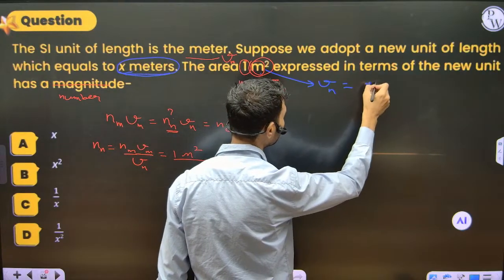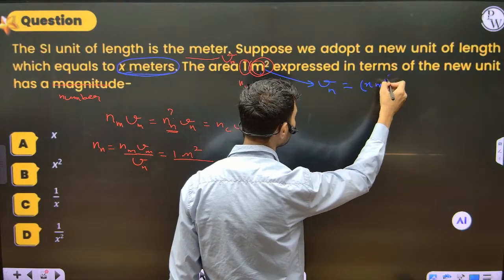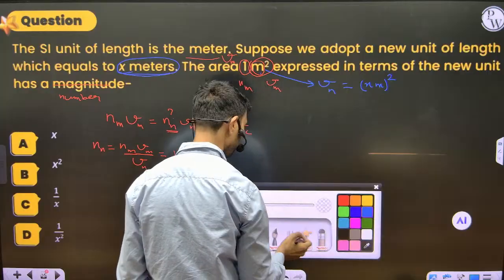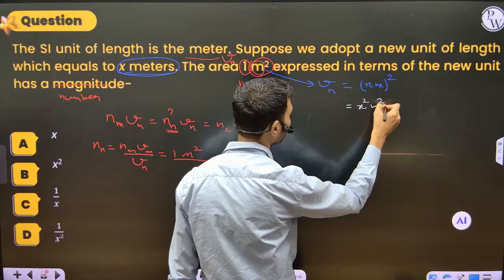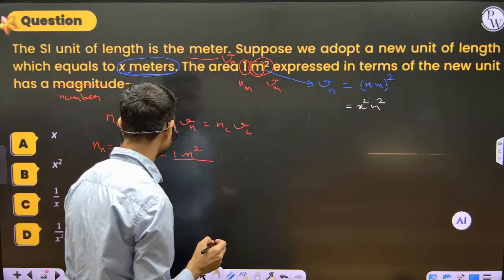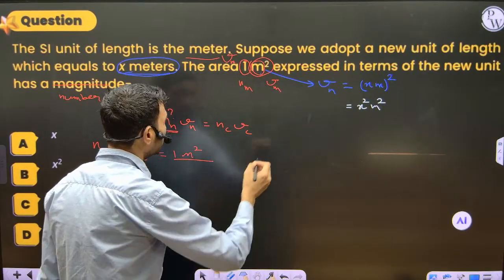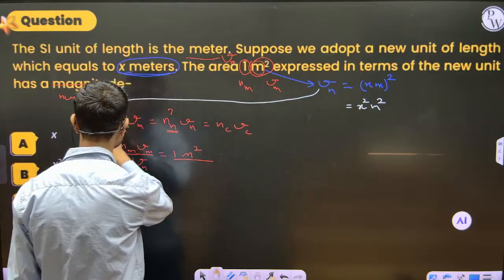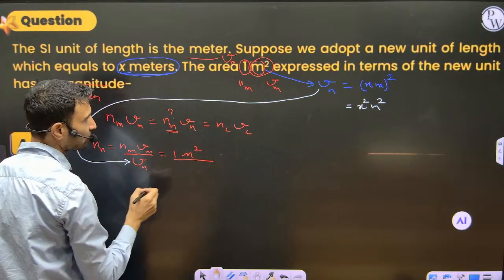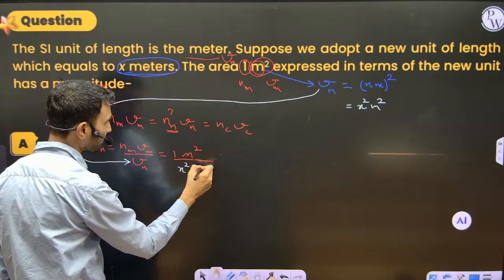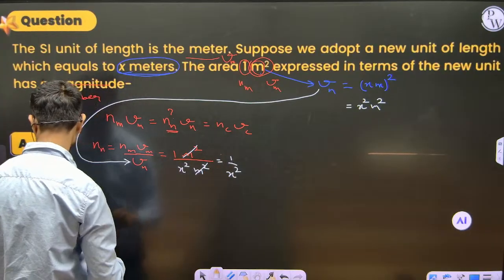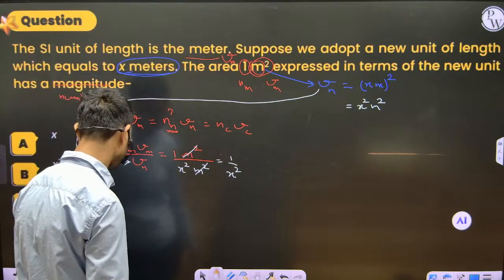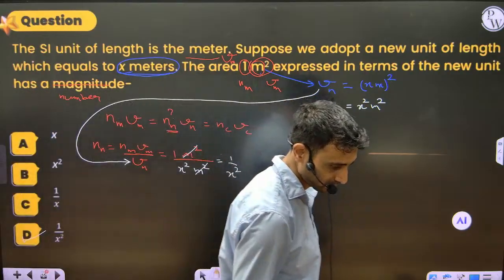So it will be X meter whole square, which will be equal to X square meter square. And that value of UN you can put here. That becomes 1 meter square by X square meter square. Okay, that is it, right?